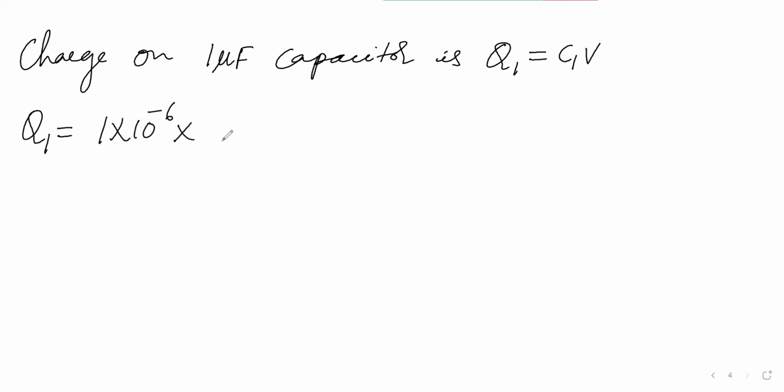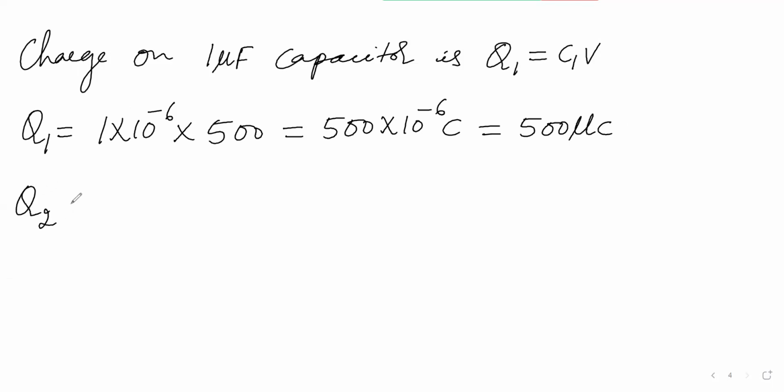Now the charge on the 1 microfarad capacitor is Q1 equals C1 into V. V is common here, so Q1 equals 1 into 10 to the power minus 6 into 500, that is 500 into 10 to the power minus 6 coulomb, which can be written as 500 microcoulomb.